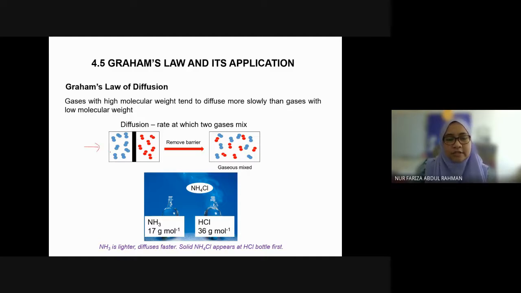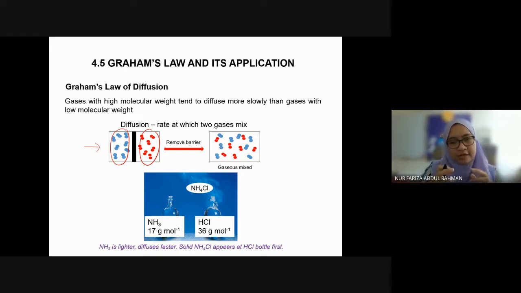So this is the representation of diffusion. Imagine on one side we have gas A, and on the other side we have gas B. We have a barrier to separate these two gases. When we remove this barrier, they will start diffusing with one another.